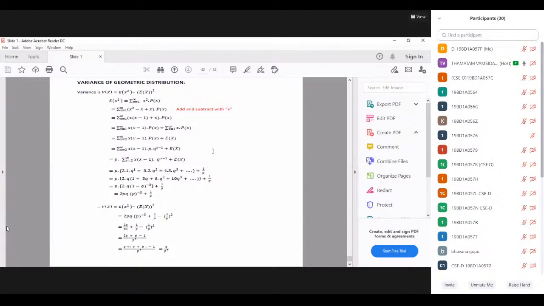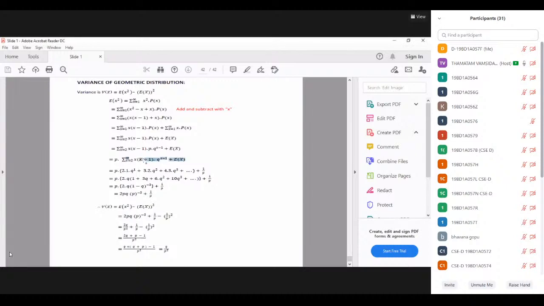Taking p outside, the remaining is summation x equals 2 to infinity x into x minus 1 q power x minus 1, plus expectation of x. Now expand the summation.